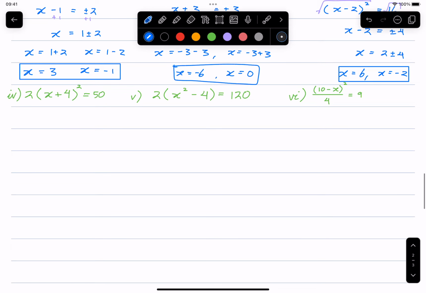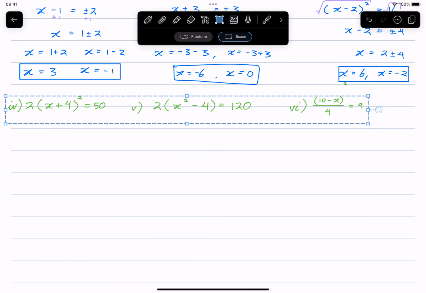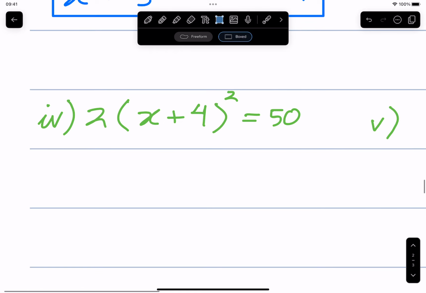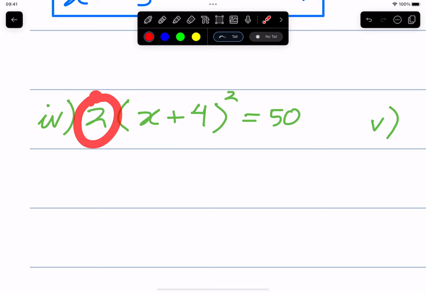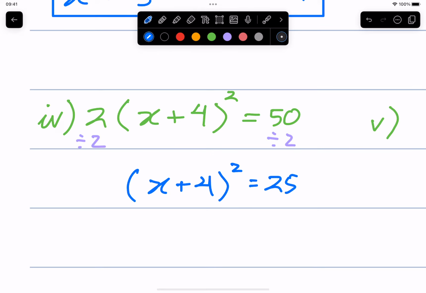All right, let's keep moving here. Okay, so same principle. We want to make sure that the square is by itself, so we need to get rid of the 2. So we divide both sides by 2. This will give us x plus 4 squared equals 25.